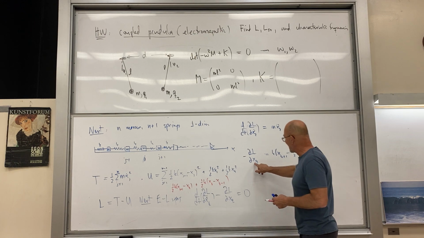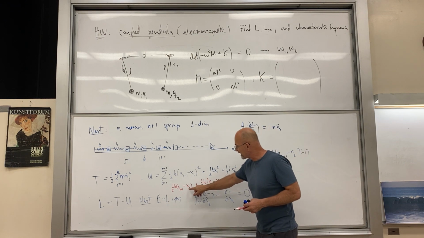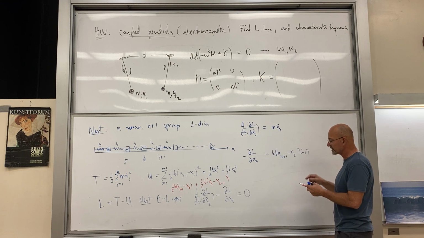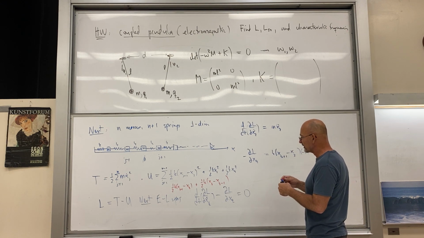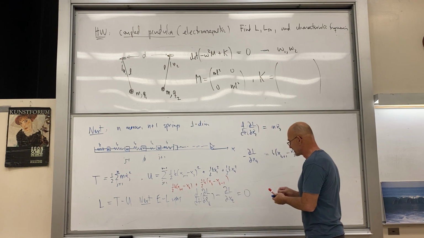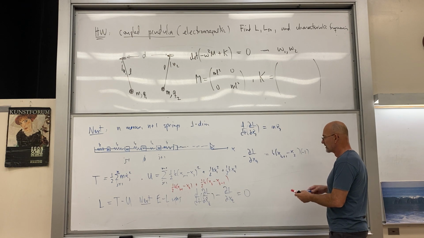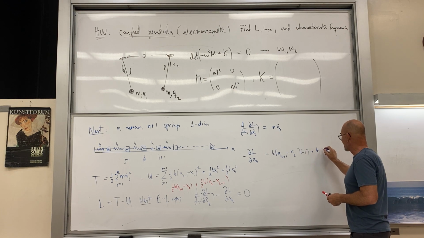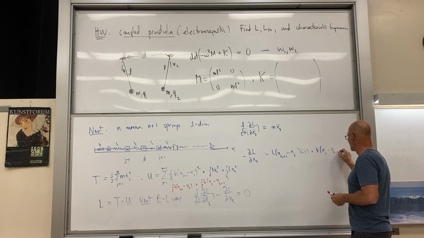Right, so the xk-th index shows up twice here. Here it shows up, and we got this and took the derivative. And on this one here, it shows up here. So then we have plus k xk minus xk minus 1.